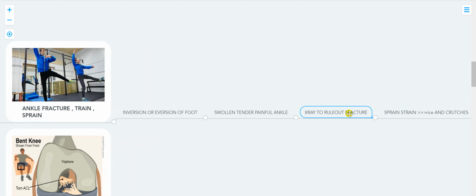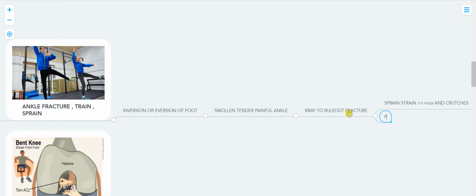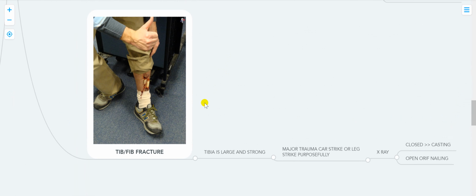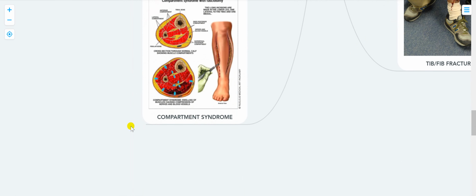Okay, but if there is a fracture, then you do open reduction internal fixation or casting. Okay, if the person can walk on the foot, then do not image. If the person can walk on the foot, no image. You don't need to do imaging. Okay, so this is the ankle fracture. Let's see what else we have.